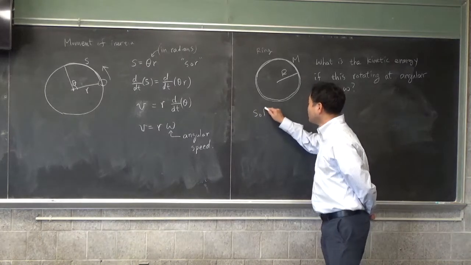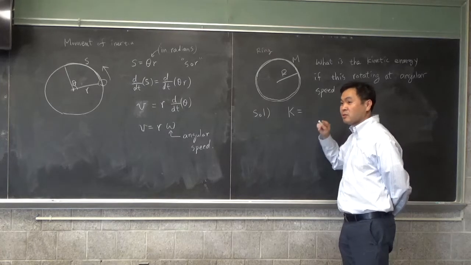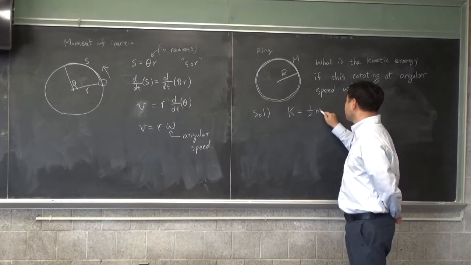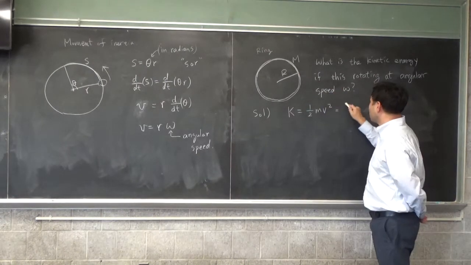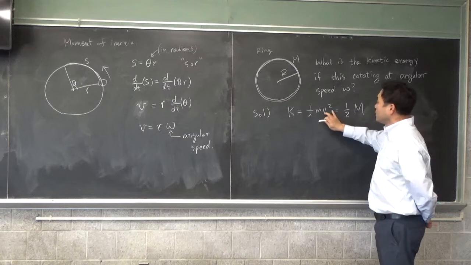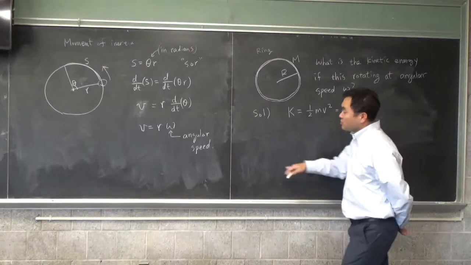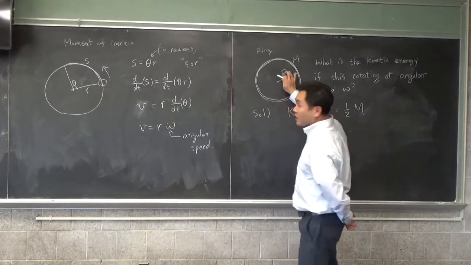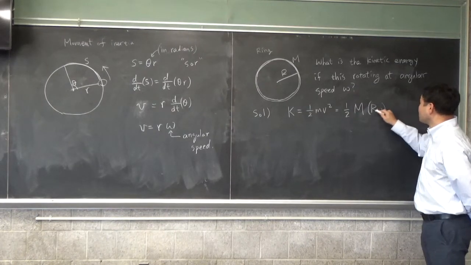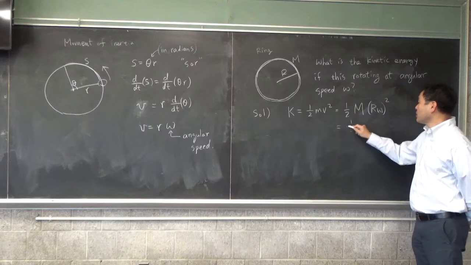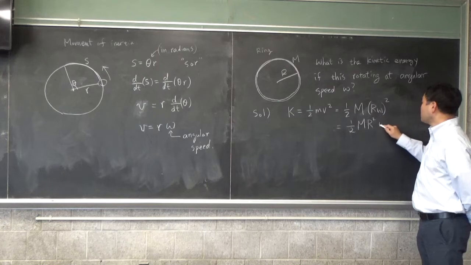Solution, and it's quite simple. The kinetic energy formula is what? K equals 1/2 mv squared. But it's a circle, so it's changed. The mass is given as capital M, so we're going to use capital M. And velocity, we know, is R omega, right? And by the way, this radius in this picture will be capital R. So we have R times omega as your velocity, squared, and that's going to be 1/2 M R squared omega squared.